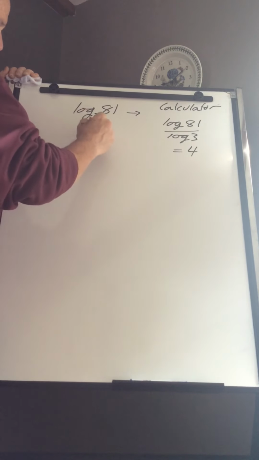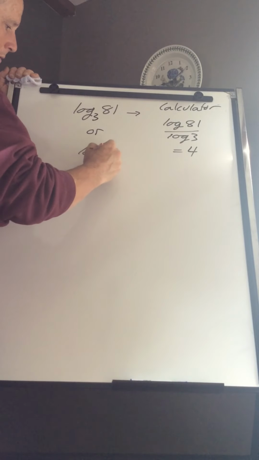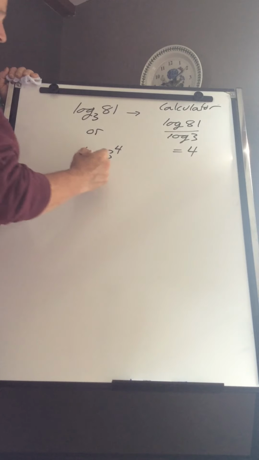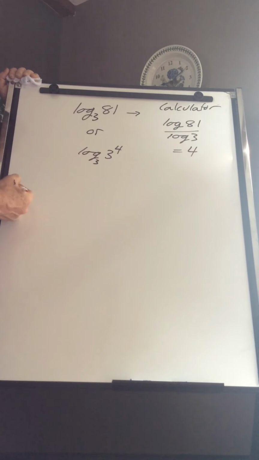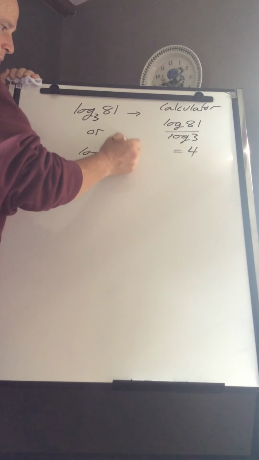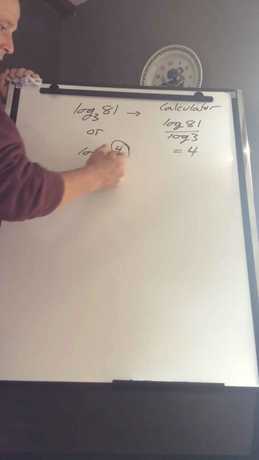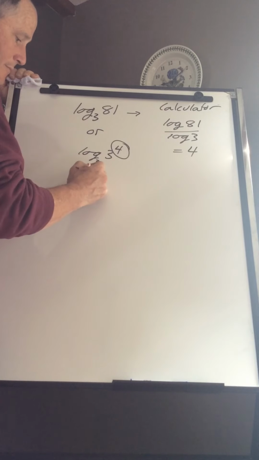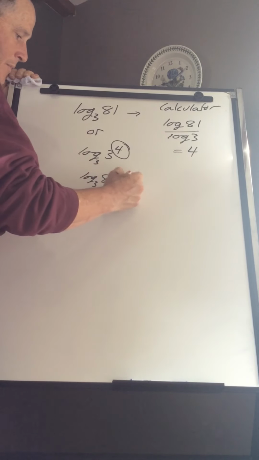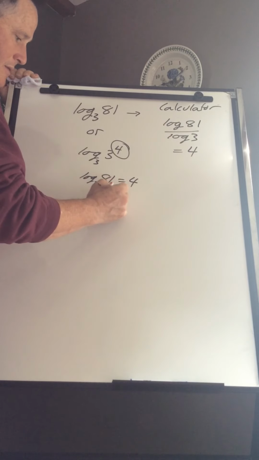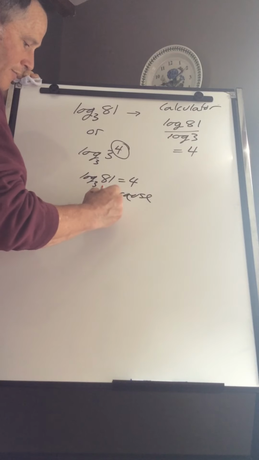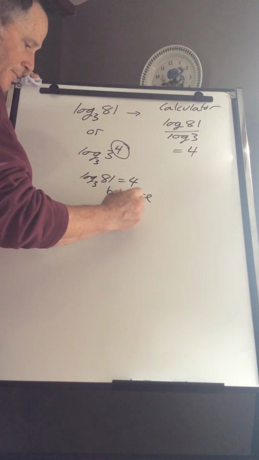Or I can go log base 3 of 3 to the power of 4, when my base is 3. So that becomes my answer, 3 to the power of 4. So log base 3 of 81 is 4, because 3 to the power of 4 equals 81.